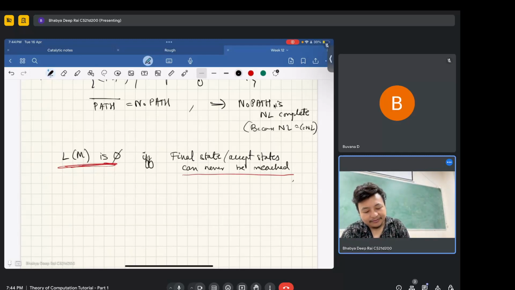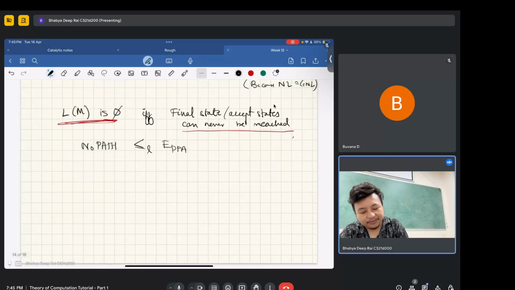So here we want to say that no path reduces, in log space, to EDFA. What is the input to no path? G, S and T. What is the input to a DFA? A DFA M, and that's it.